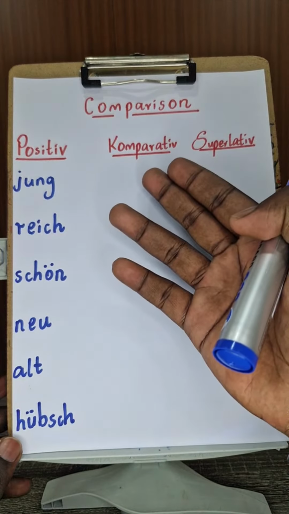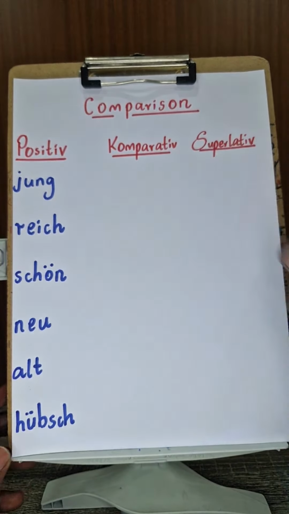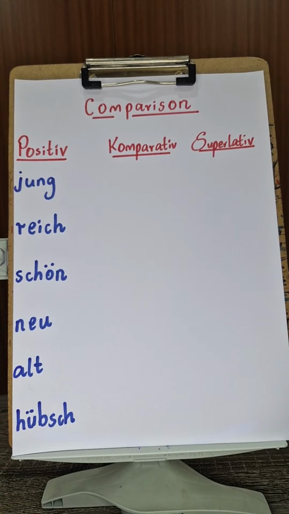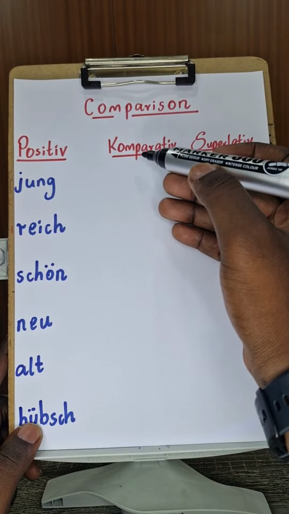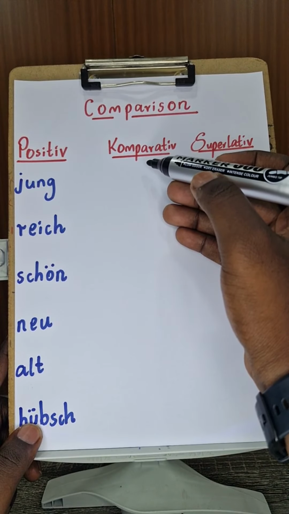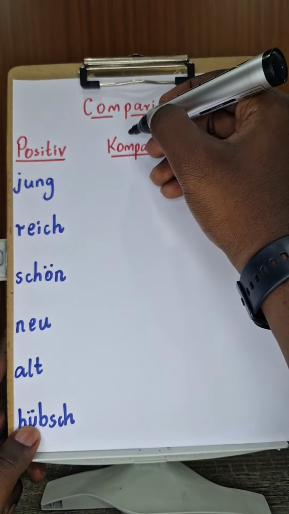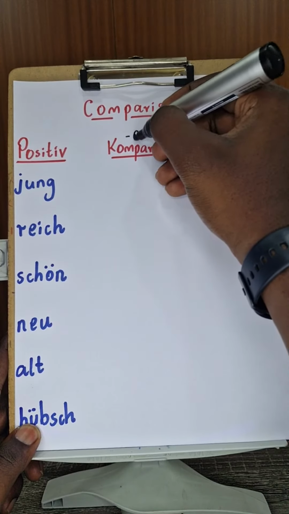So how do we form the comparative in German? How do we proceed to form the comparative? You're going to realize that in German, when forming the comparative form, it tends to take the ending er.